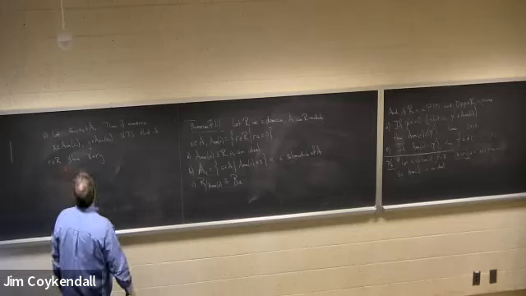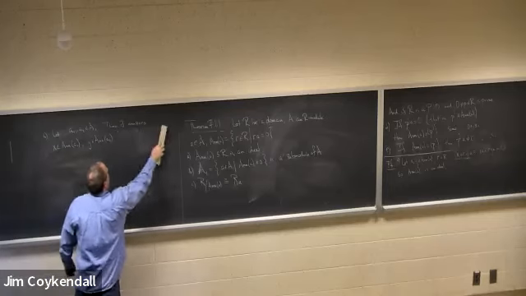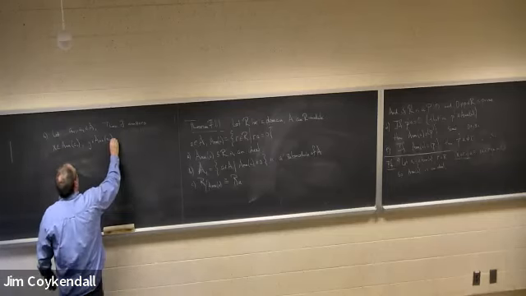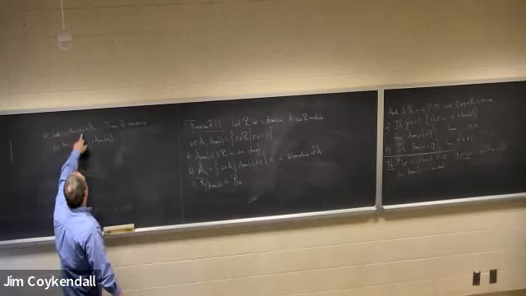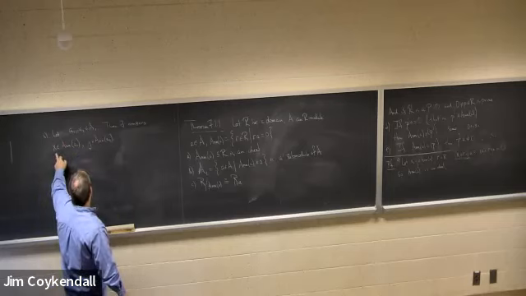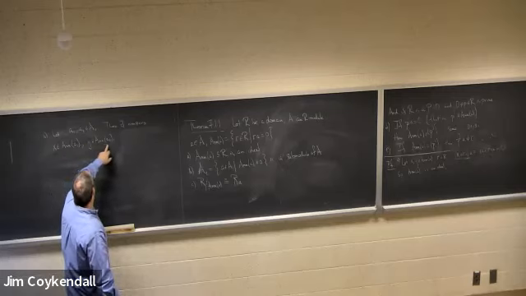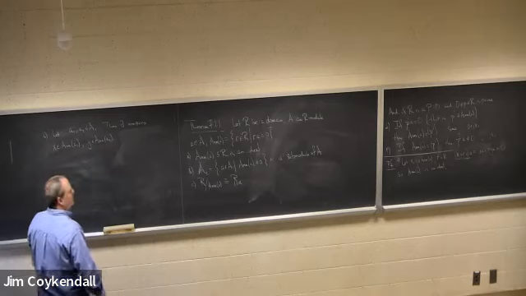Let's see, A1 and A2 are here, right? So we need to show, okay, so we've got A1 and A2, they're torsion elements. That means that there's a non-zero X that kills A1, there's a non-zero Y that kills A2.